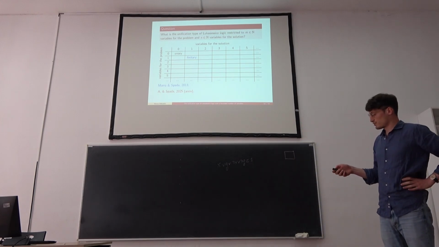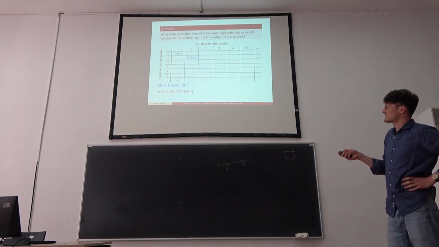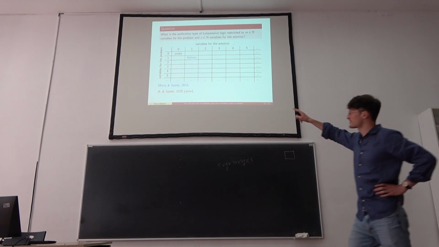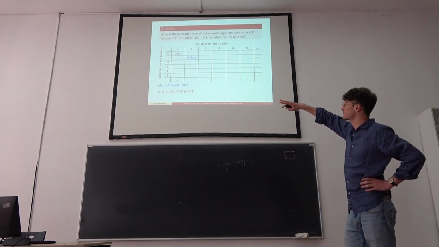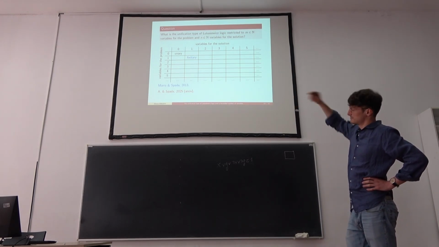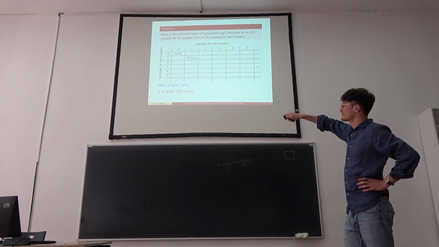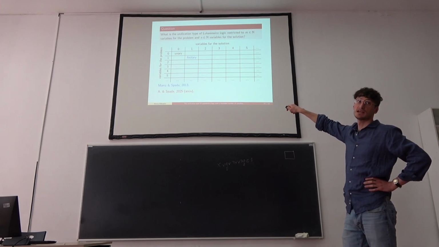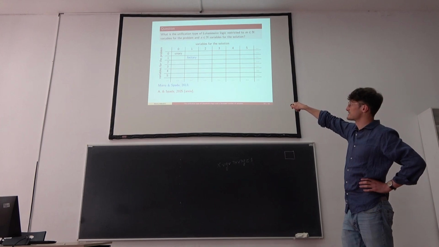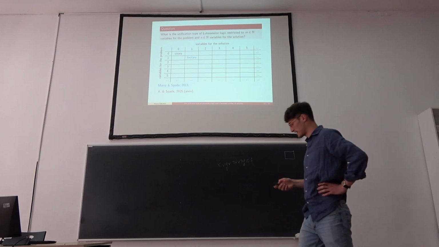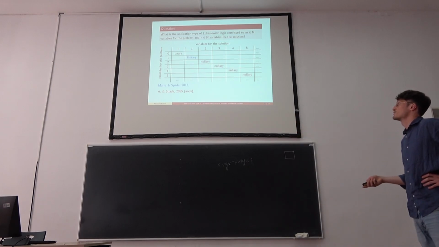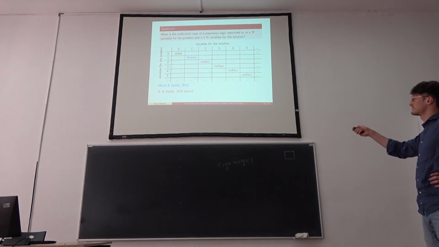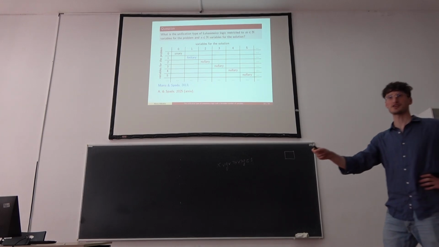So the original question was to fill in this diagonal. What was known is that it's unitary for m equals n equals 0, and it's finitary for n equals 1, and we show that all the other things in this diagonal are nullary.